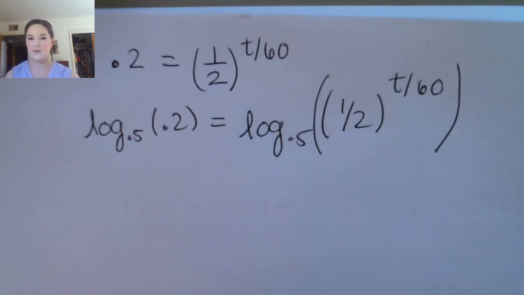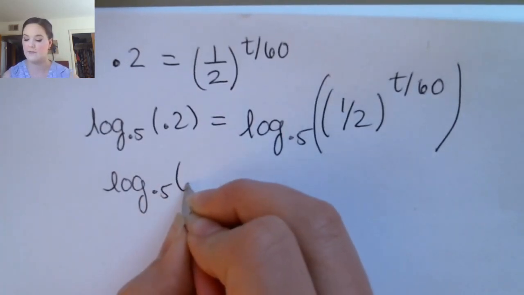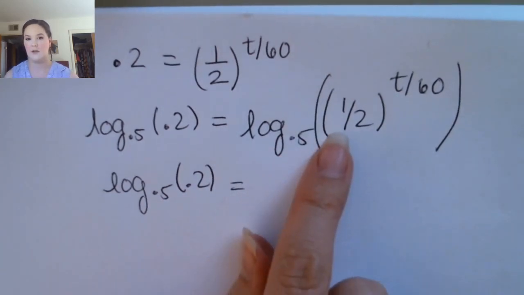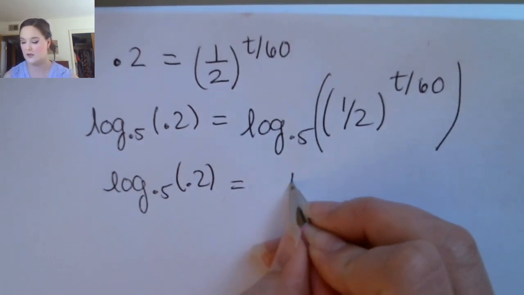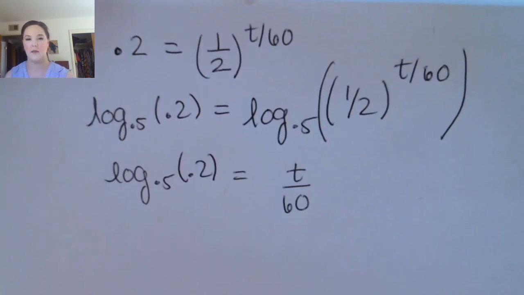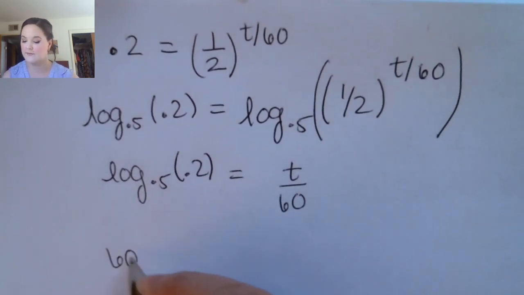Okay, now this doesn't simplify. Here, this is going to simplify, and you're going to get t over 60. Okay, now we're going to multiply this by 60 to isolate t.